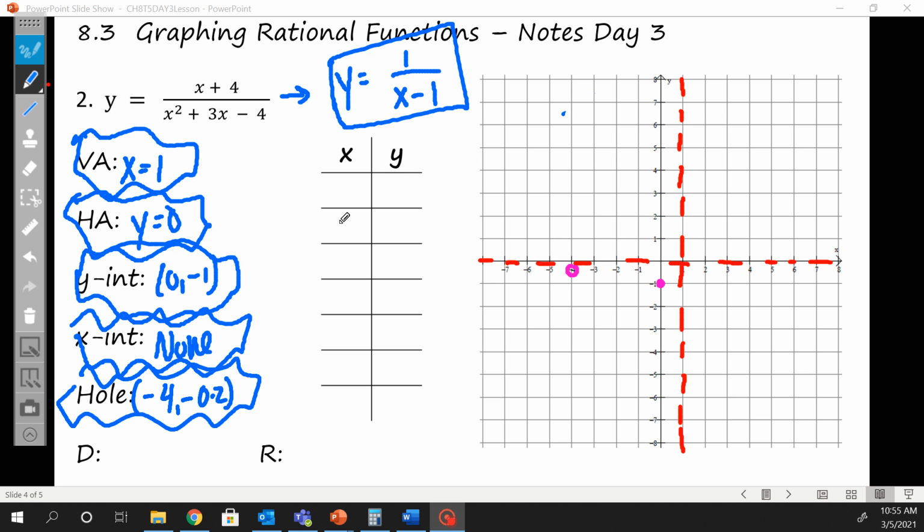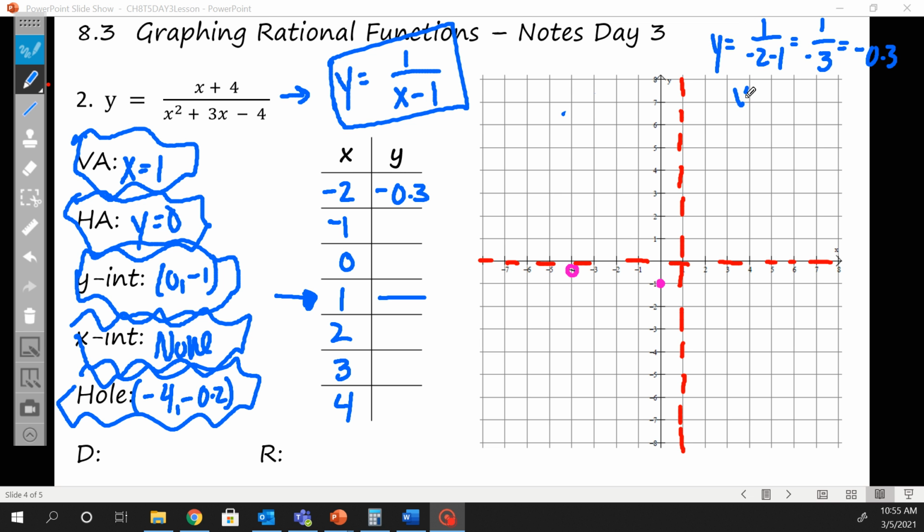All right, so in the middle of my table will be my vertical asymptote, which is at 1. It doesn't have a value. To the left of that is 0, -1, and -2. To the right of that is 2, 3, and 4. I'm going to plug these values in to figure out what my graph looks like. So I'll plug in -2, so I got 1 over -2 minus 1, 1 over -3, which is -0.3.